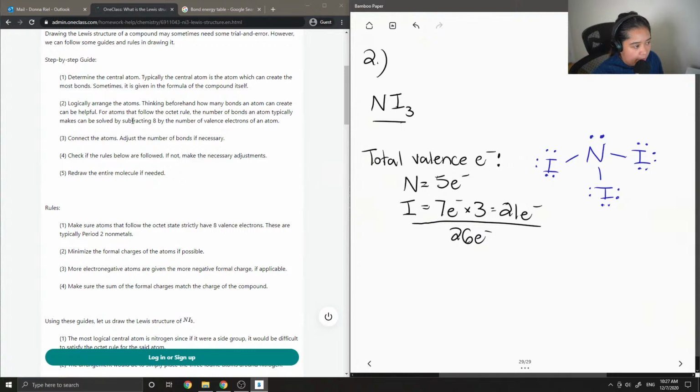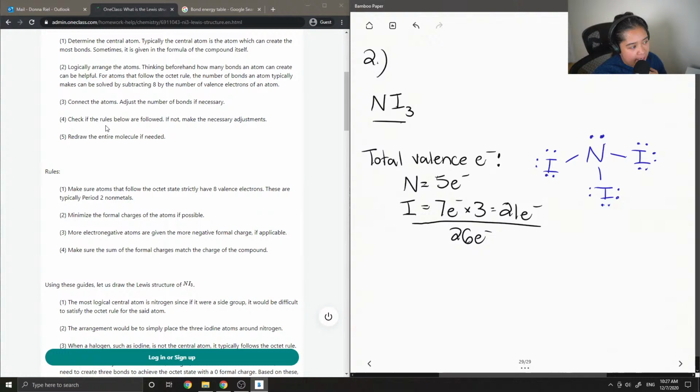For atoms that follow the octet rule, the number of bonds an atom typically makes can be solved by subtracting 8 by the number of valence electrons of an atom. Yep, so that's one way to do it as well. 3, then you connect the atoms, adjust the number of bonds if necessary. 4, check if the rules below are followed. If not, make the necessary adjustments. 5, redraw the entire molecule if needed.